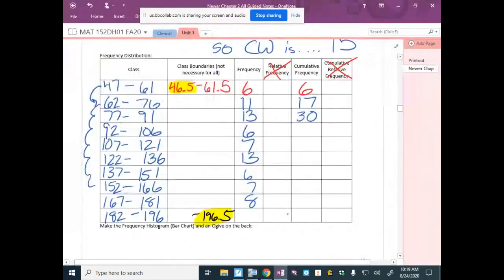That's perfectly all right. And then a 3. If I add all this up, oh wait, I can just do the cumulative frequency: 36, 43, 56, 62, 69, 77, 80. Boom. There it is. And we can make the frequency histogram on here.